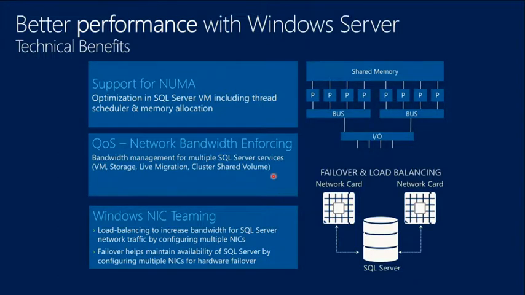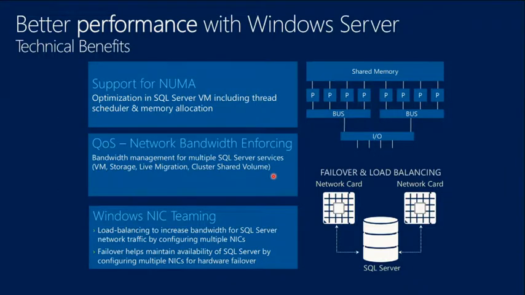You can actually make sure that the performance of the SQL Server network is always up to a certain part. Later, Madan is going to demonstrate to you another feature of SQL Server 2014 that will be able to help on the IOPS, right? Be able to do enforcing on the IOPS, right? So we're going to see that later.